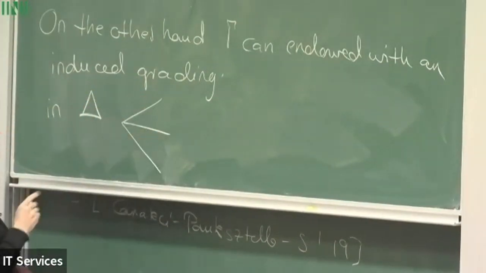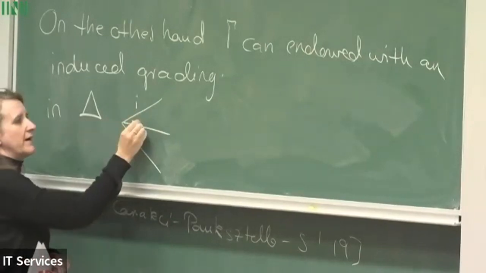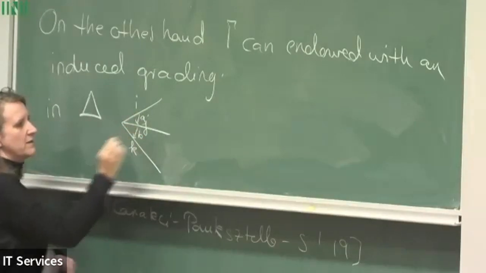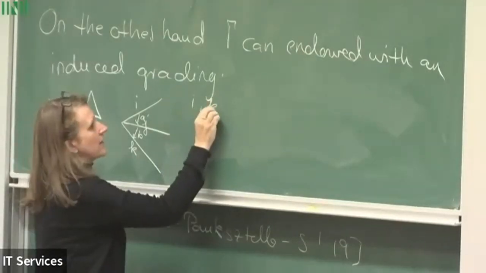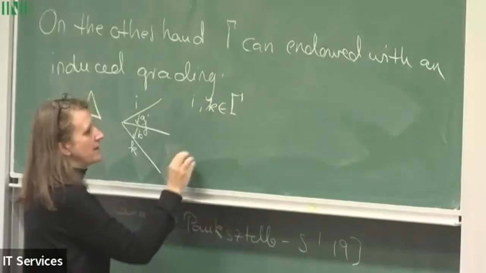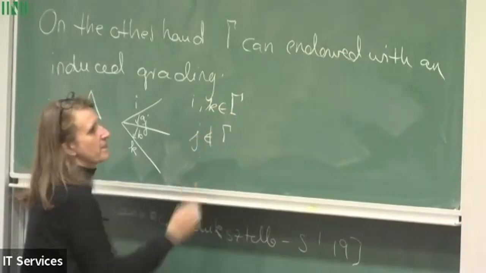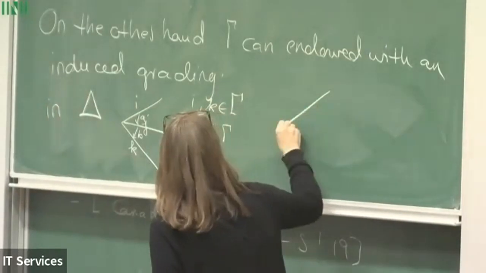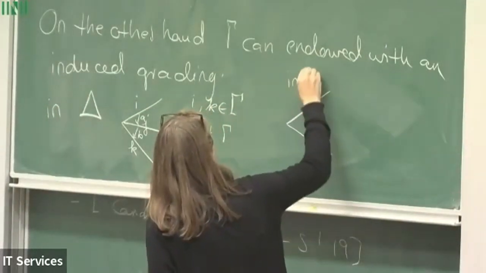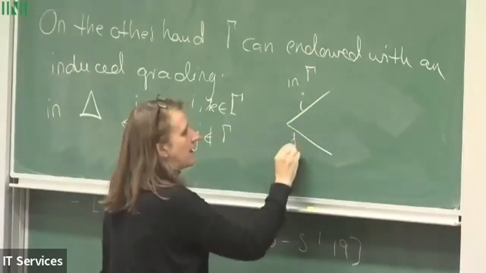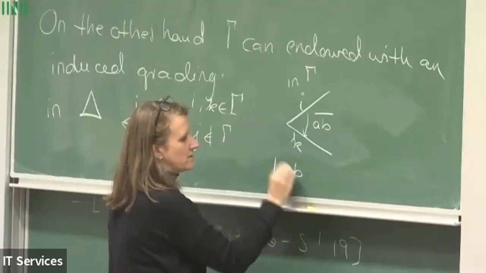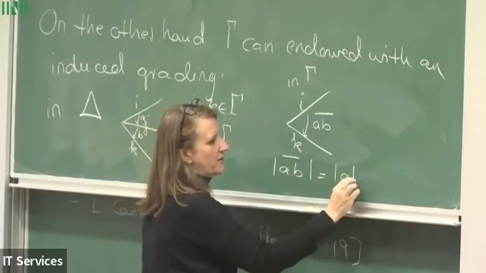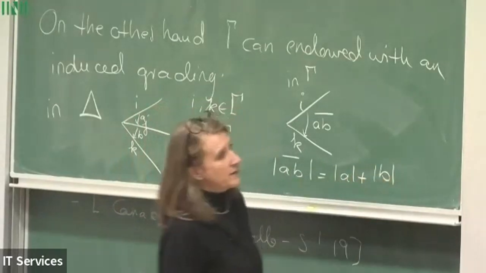Suppose in the original dissection we have I, J, and K, and then we have some arrow with a grading A and some arrow with a grading B. And suppose that I and K are in our set that we cut, but J is not. Well, then in gamma we only have I and K, and we get a new arrow AB, such that the degree of AB is the degree of A plus the degree of B.